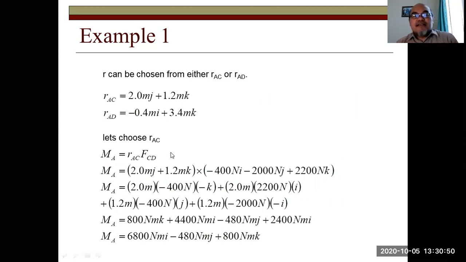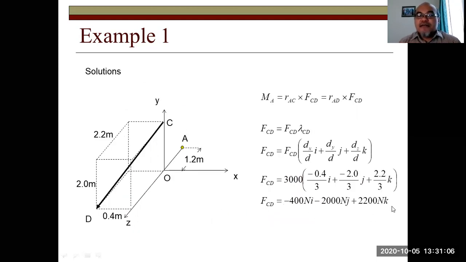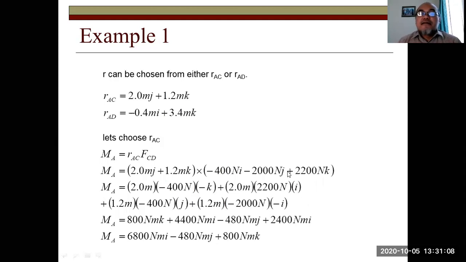If we choose RAC, for example, here, the upper part, RAC multiplied by FCD, so 2 meter J plus 1.2 meter K, then multiplied by the force factor. The force factor is here, minus 400 Newton I, minus 2000 Newton J plus 2200 Newton K. So we can then use the determinant.